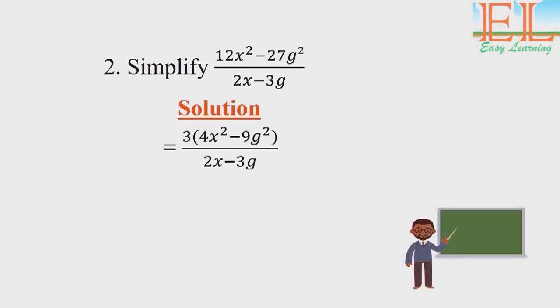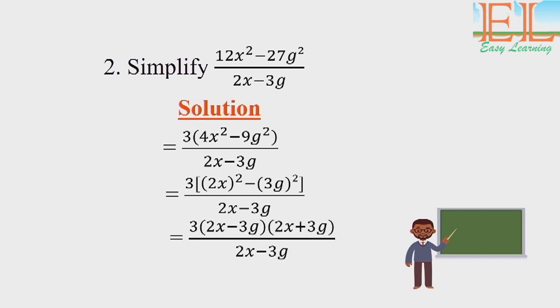And now I can express 4 as a square and 9 as a square. This now gives me 3 times 2x squared minus 3g all squared. And so I'll apply the principle, and now I'll have 3 times 2x minus 3g times 2x plus 3g all over 2x minus 3g.